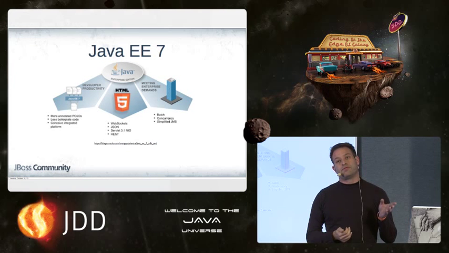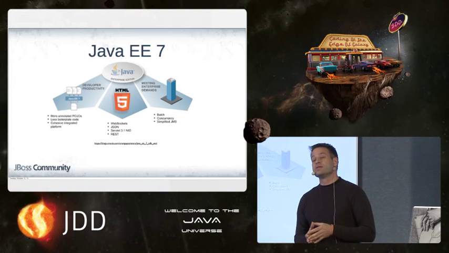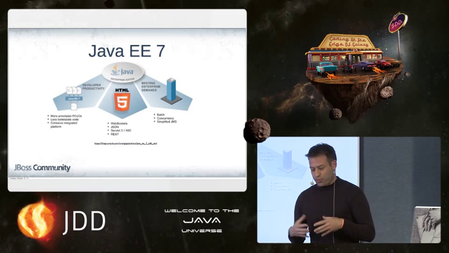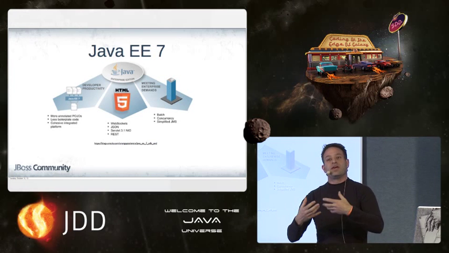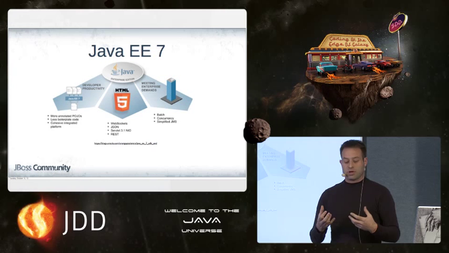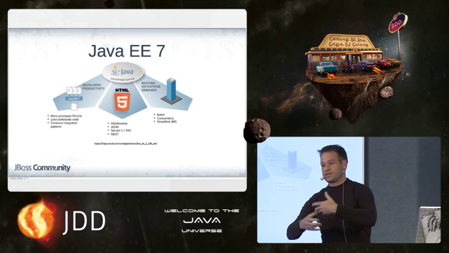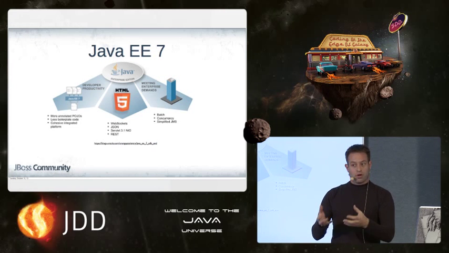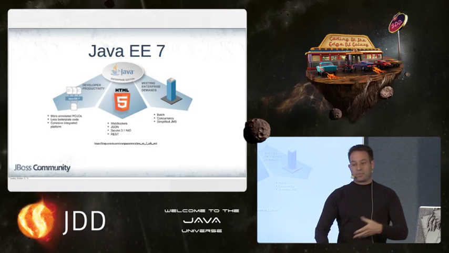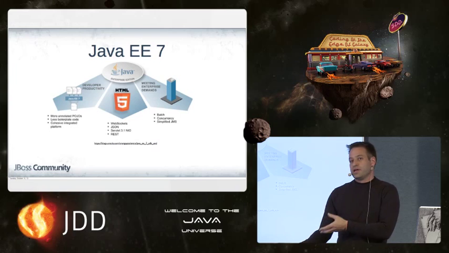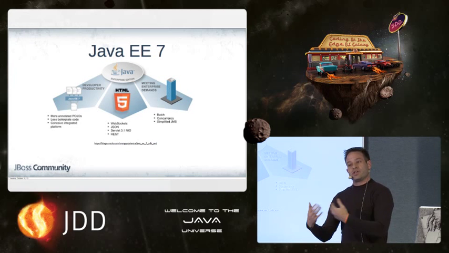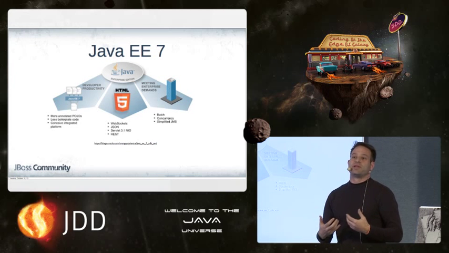Then there's concurrency tools. I think that was a very important improvement in the platform. The problem here was really that, say you deploy an application, and in your application you're doing multi-threading, and you maintain all these threads and the execution services and whatnot all yourself. What happens if your application crashes or the container or whatever? Who cleans that up? Because you are in charge of it, potentially it does not get properly cleaned up.